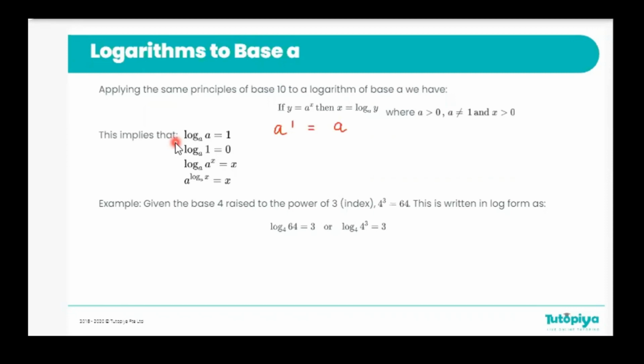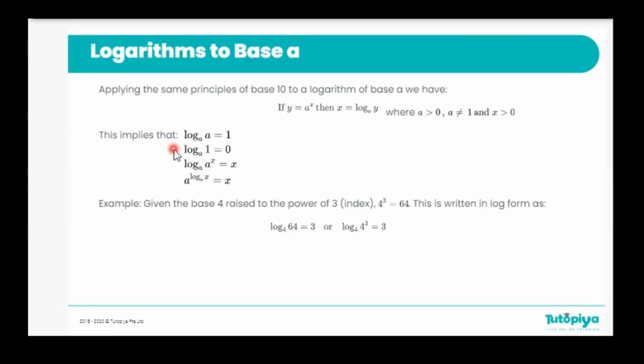So log a to the base a would always also be just 1. If you had log 1 to the base a, and it doesn't matter what this base is, the log 1 to the base of anything would always be 0. And this is for the fact that any number to the power 0 is always going to give us 1. So log 1 to the base a would give us 0.